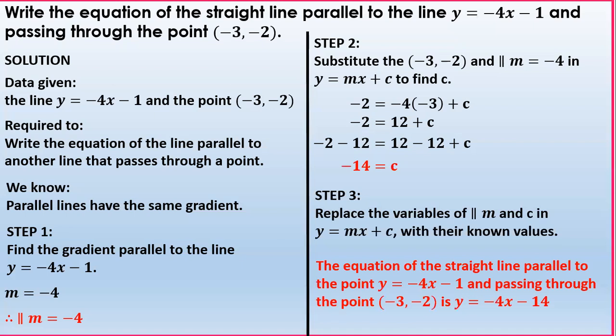Finally, the equation of the straight line parallel to y is equal to -4x minus 1 and passing through the point -3, -2 is y is equal to -4x minus 14.